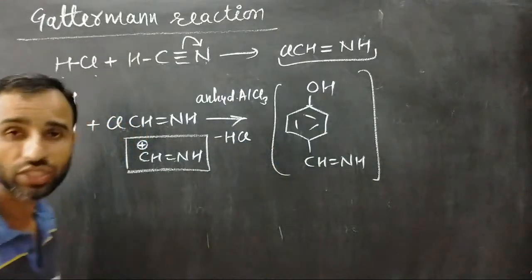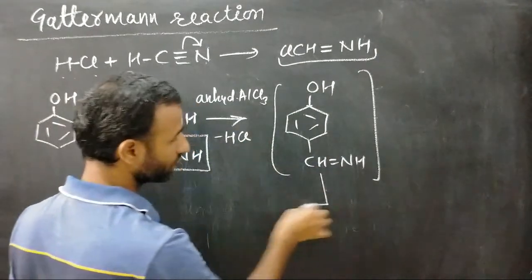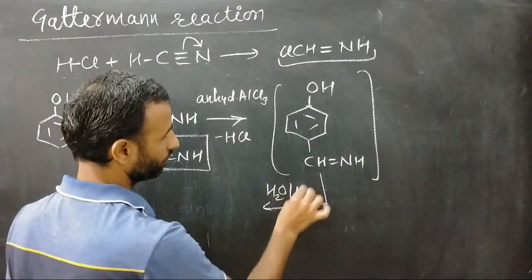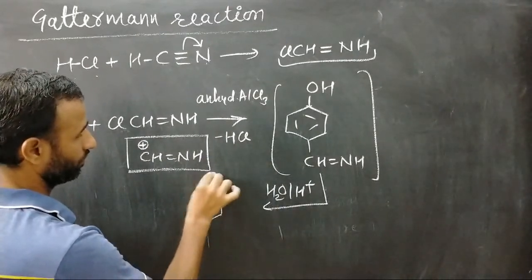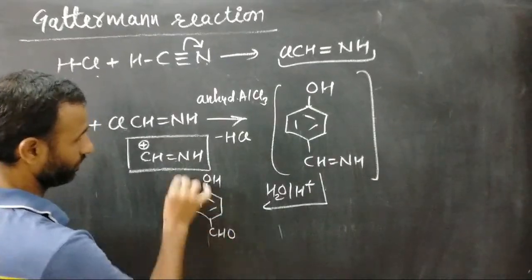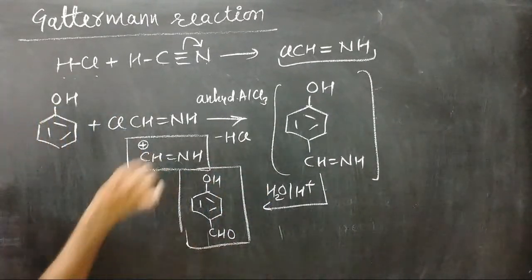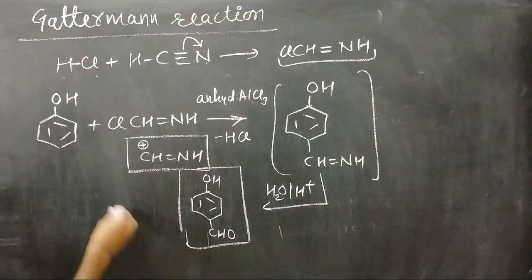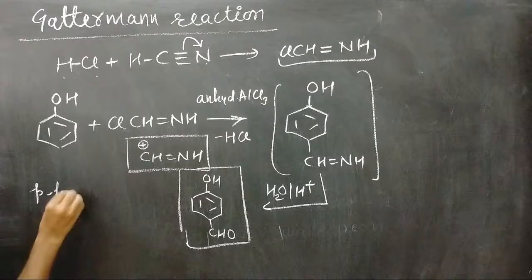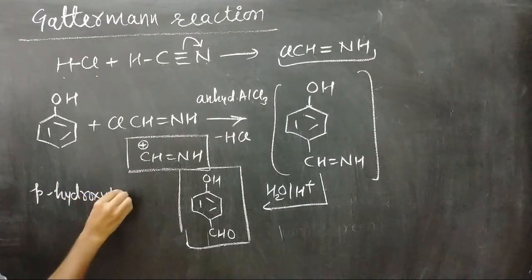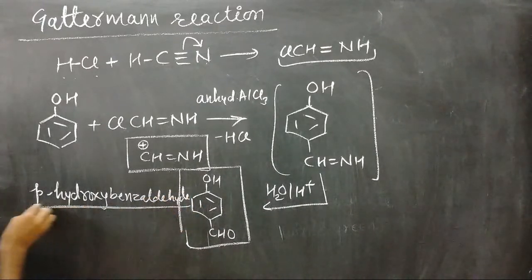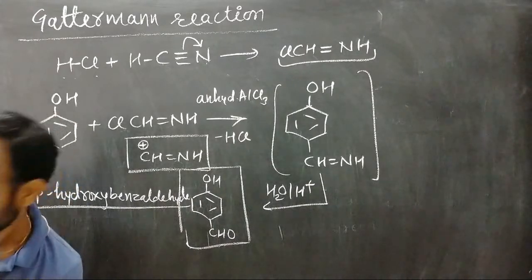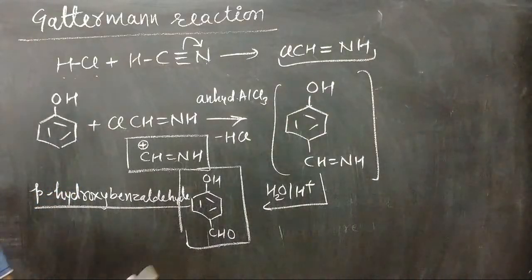So overall HCl is removed, and then on hydrolysis the product formed is this one, that is called para-hydroxy benzaldehyde, and this is called Gattermann's reaction.